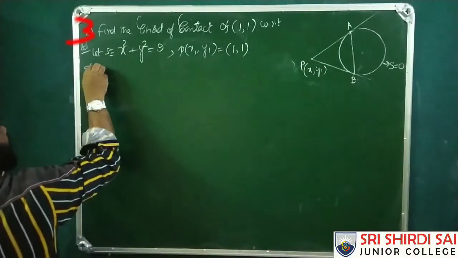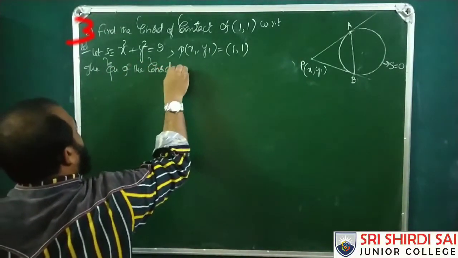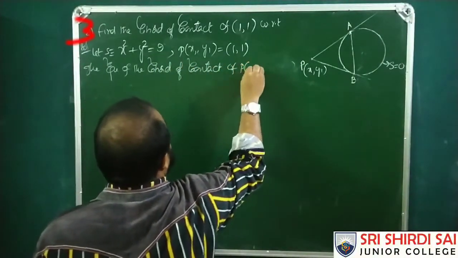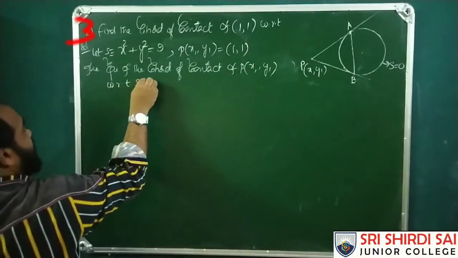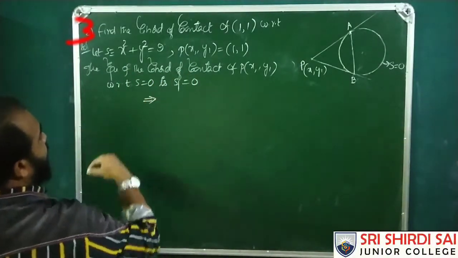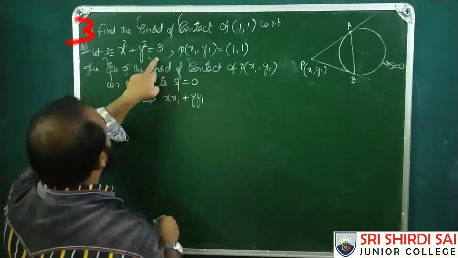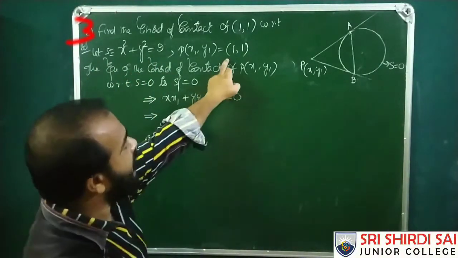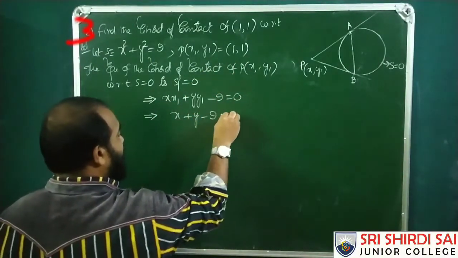So the equation of the chord of contact of P x1 y1 with respect to circle S equals 0 is S1 equals 0, which implies for this, x x1 plus y y1 minus 9 equals 0. So x1 y1 being 1 and 1, x into 1 is x, plus y minus 9 equals 0.